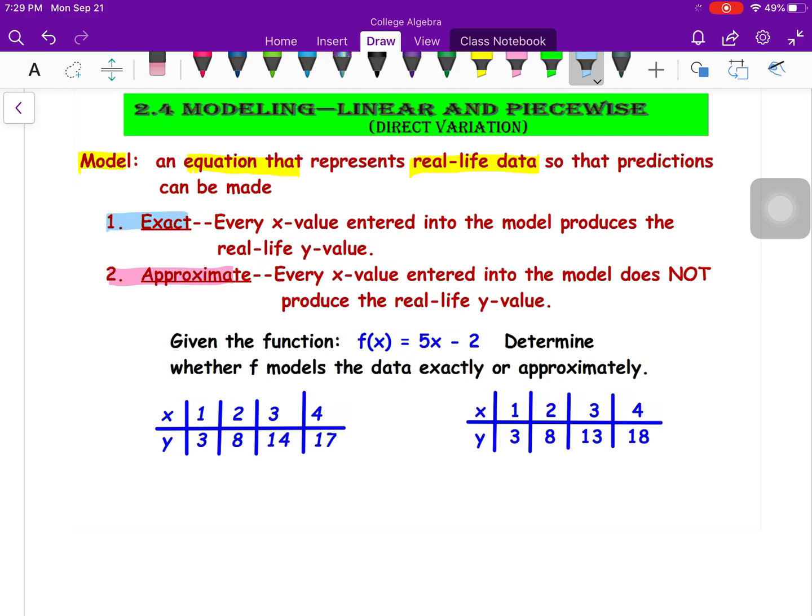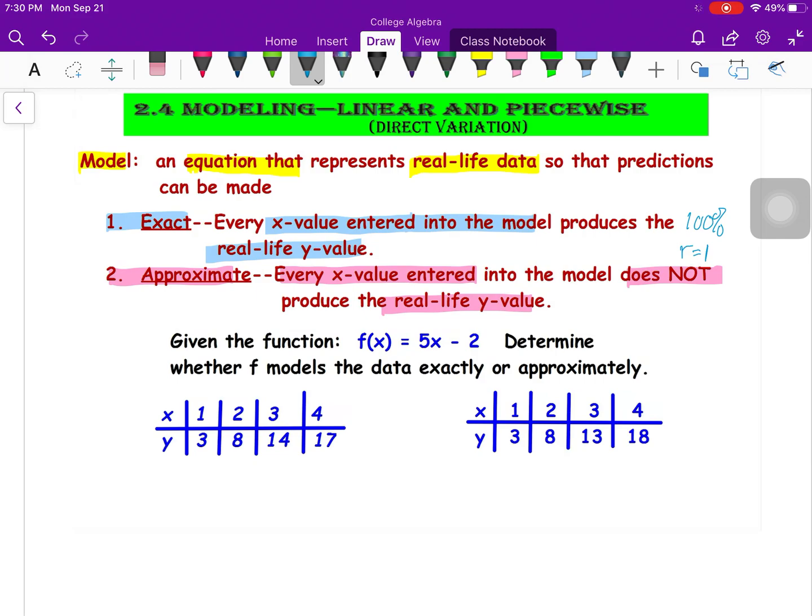If they are exact, it means every x entered into the model will give me the real life y. If it is approximate, every x entered into the model does not give me the real life y. If we look at correlation, exact models will have 100% correlation, or R equal to 1. If it is approximate, it is something other than 100%.